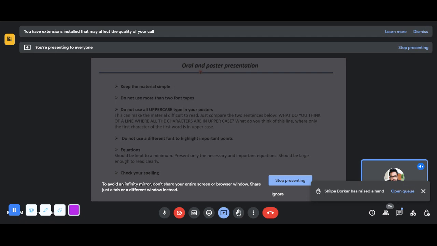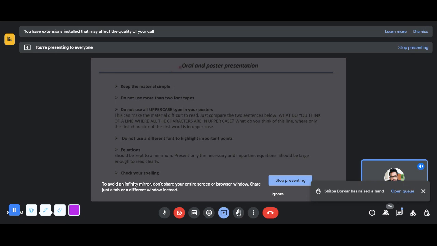But in your poster presentation or oral presentation, mostly images and figures are there, so there is not much scope to understand. You have to prepare things in such a way that people can easily understand. Do not use different fonts in a particular poster or presentation. Do not use all uppercase, that looks very bad. Uppercase means capital letters.